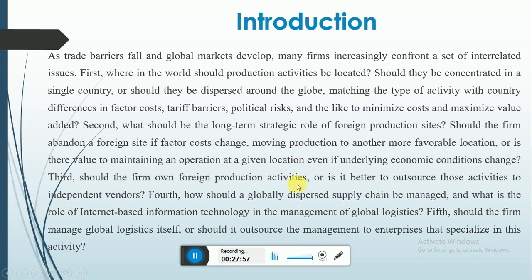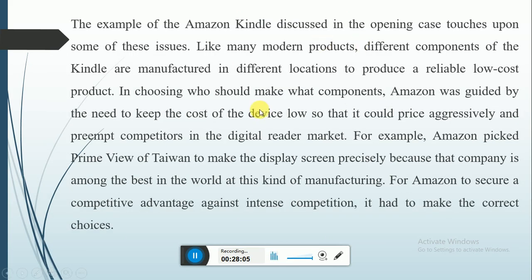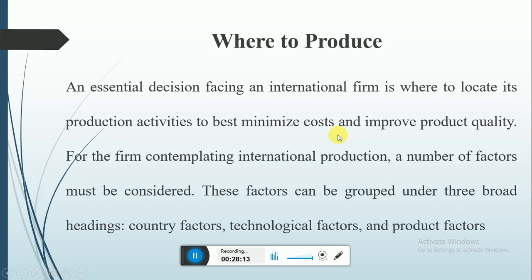That's very important when you are moving from one country to another. So we have discussed Amazon, which picked different companies at different locations for their products. Next class we will discuss where to produce, and we will discuss the country factor, technological factor, and product factor.